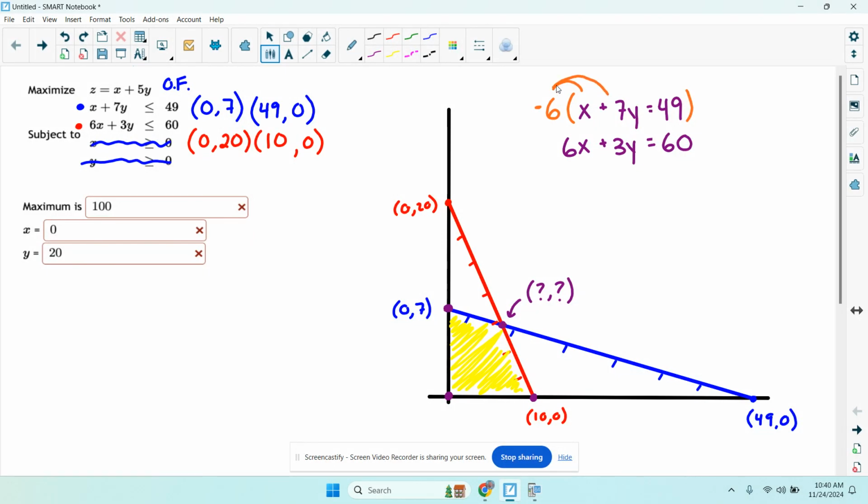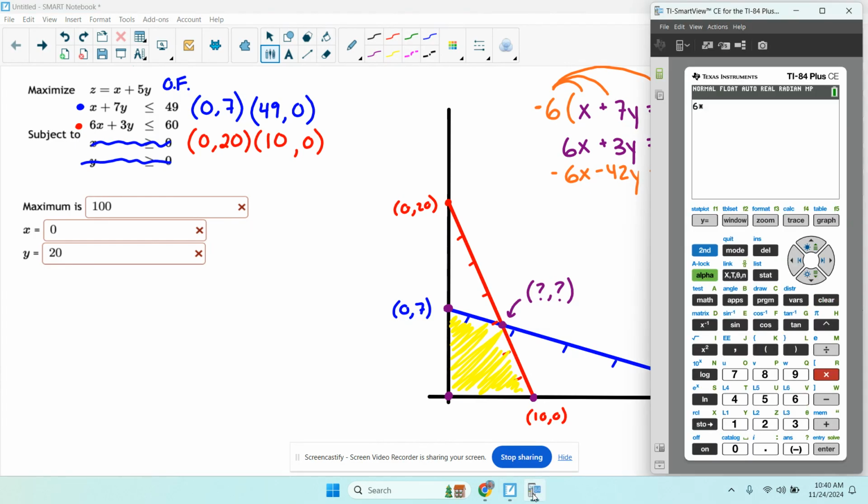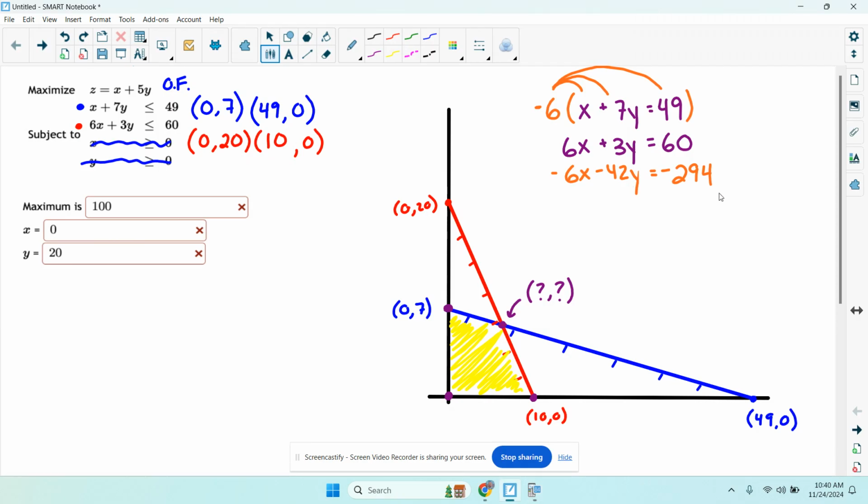So when I do that, I'm going to multiply everything in the first equation and I get negative 6x minus 42y equals negative 6 times 49. What is that? That's 294. Let me just see that. 6 times 49. Yep, so that's negative 294. So when I add these down, the 6's being matching opposite coefficients will cross out.